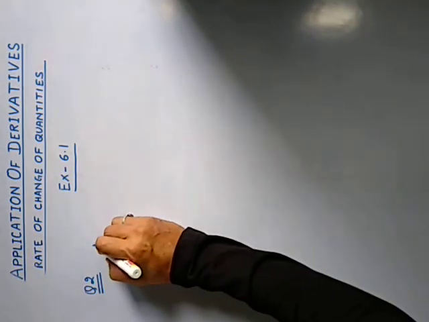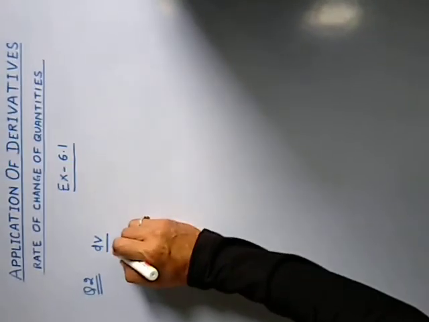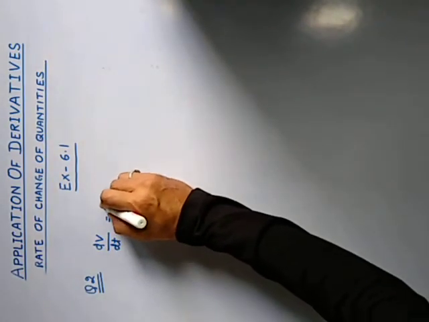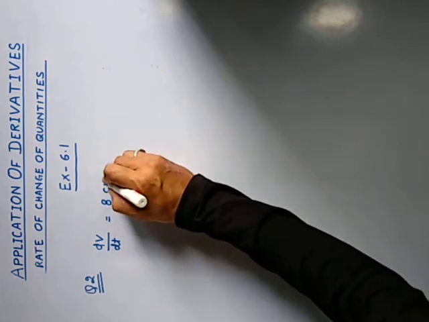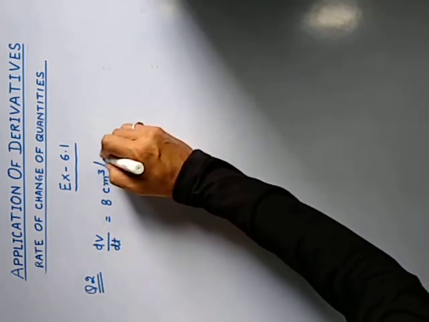Second question, the volume of a cube is increasing at the rate of 8 centimeter cube per second. So volume of a cube is increasing. dV over dt is given 8 centimeter cube per second.